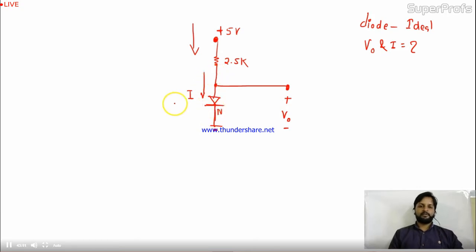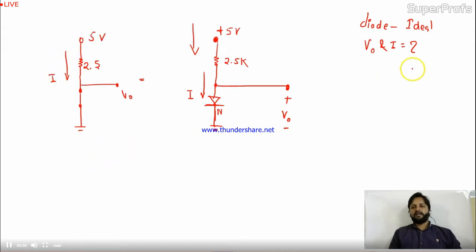Once you identify that the diode is forward bias, you can replace the forward bias diode, if you remember, by a short circuit. The diode in forward acts like a short circuit. Here is the V0, here is the current in the circuit and this is the 5 volt you applied.